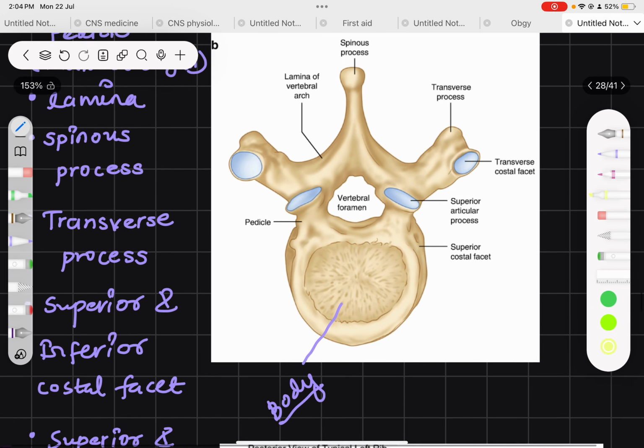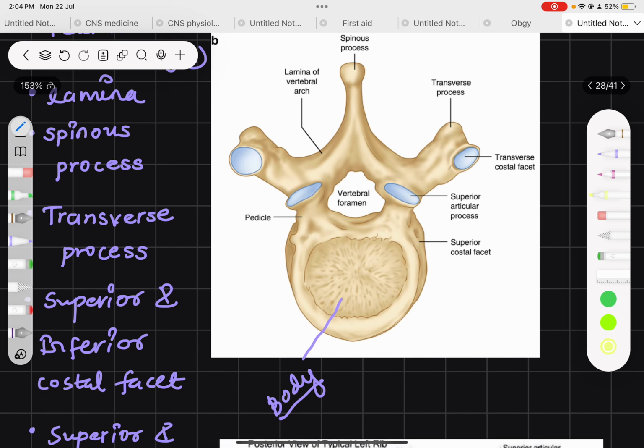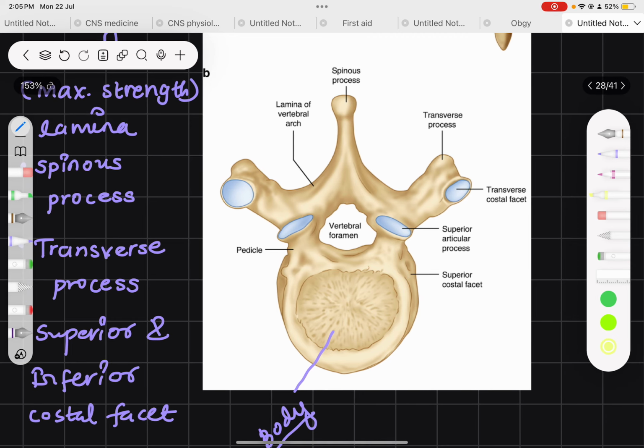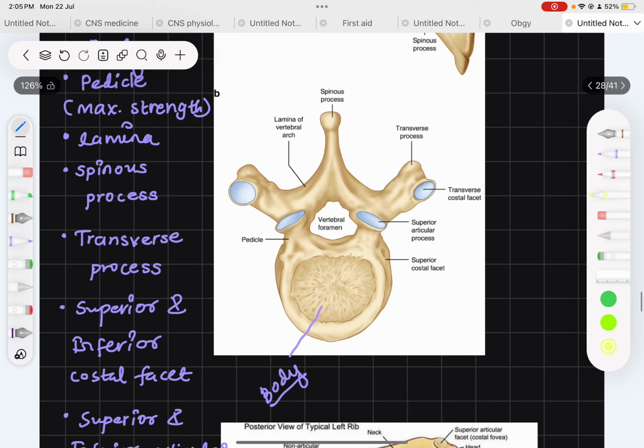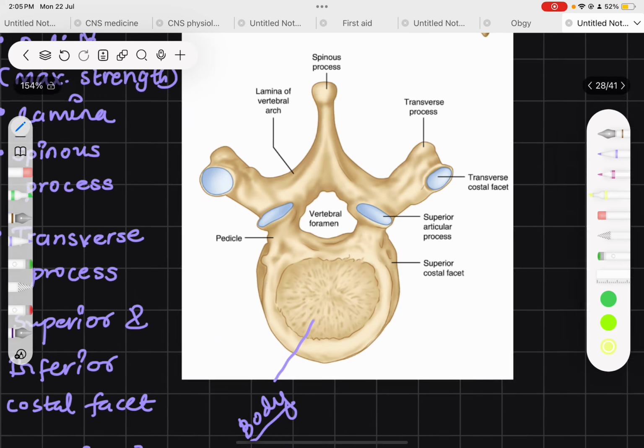So first is the body, then there will be the pedicle, then the lamina of the vertebral arch, then 2 processes: the spinous process and the transverse process, and there will be the superior articular process and inferior articular process. And where will be the facet?